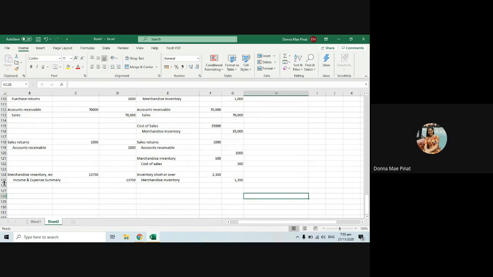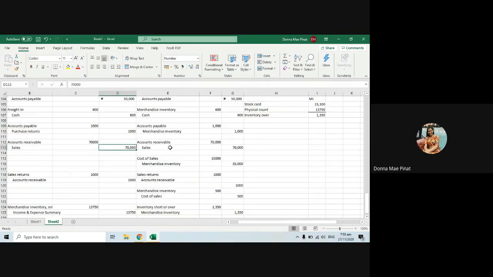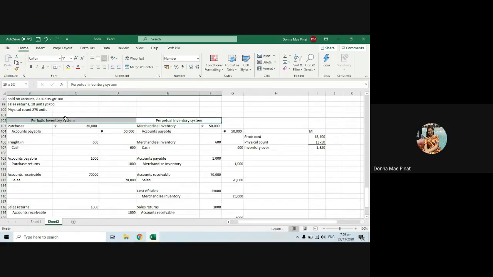The difference is the way you record: for perpetual, the gross profit is readily available because the cost of sales is recorded. For periodic, you cannot determine gross profit every transaction because you did not record the cost of sales, so you determine it at the end, per stock card.